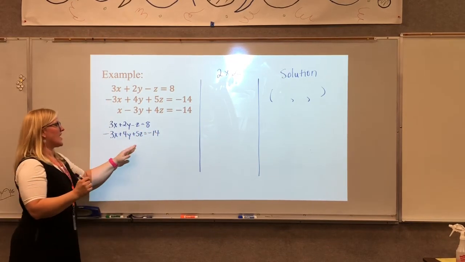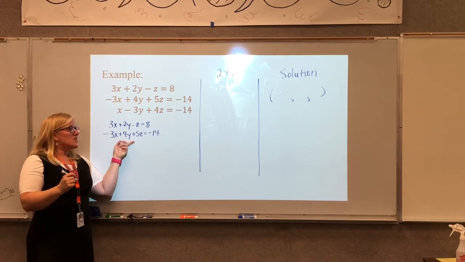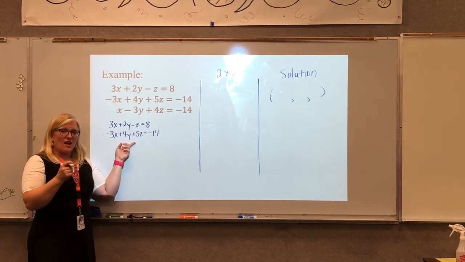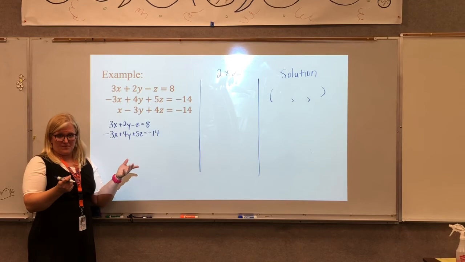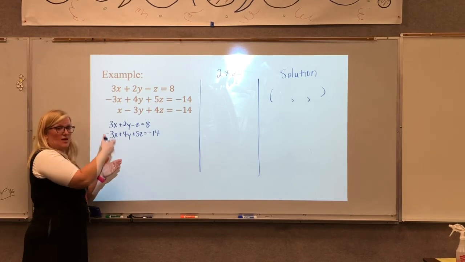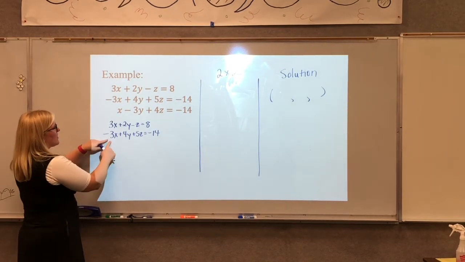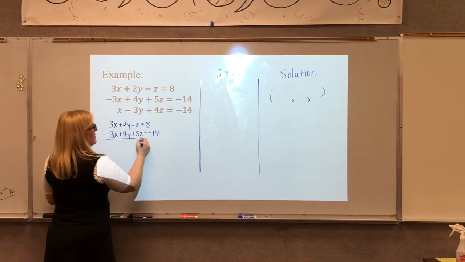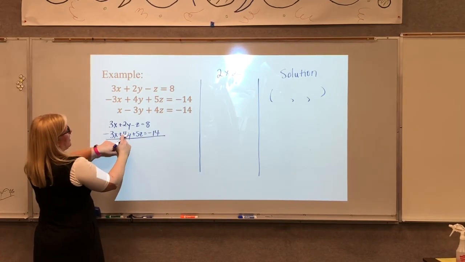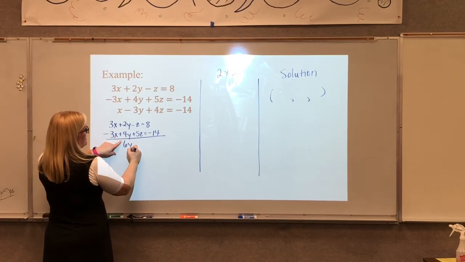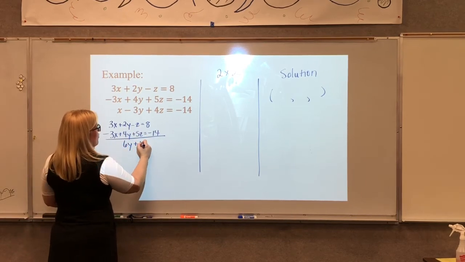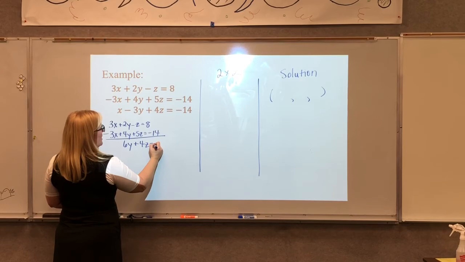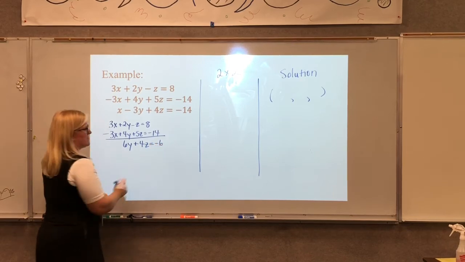Okay, I know I've only got 2, but what I'm going to do is get rid of one of these variables, and by adding like we did before, if I look, the 3x's just naturally drop out by themselves. So I add this up and I have 6y plus 4z equals negative 6.